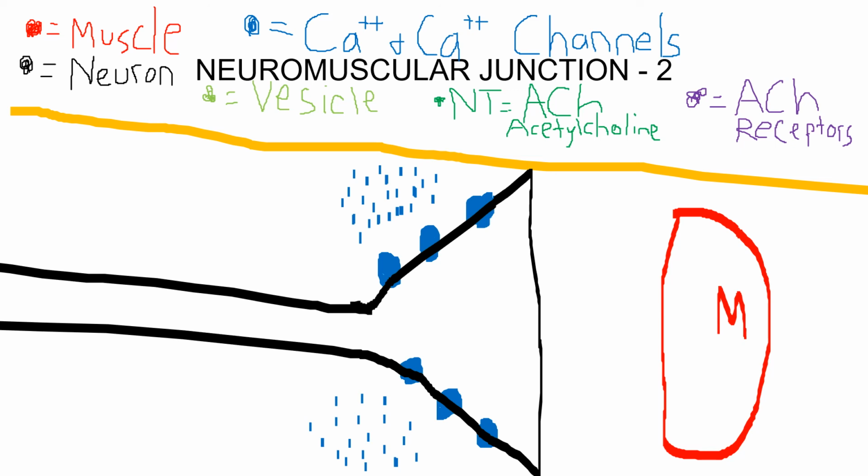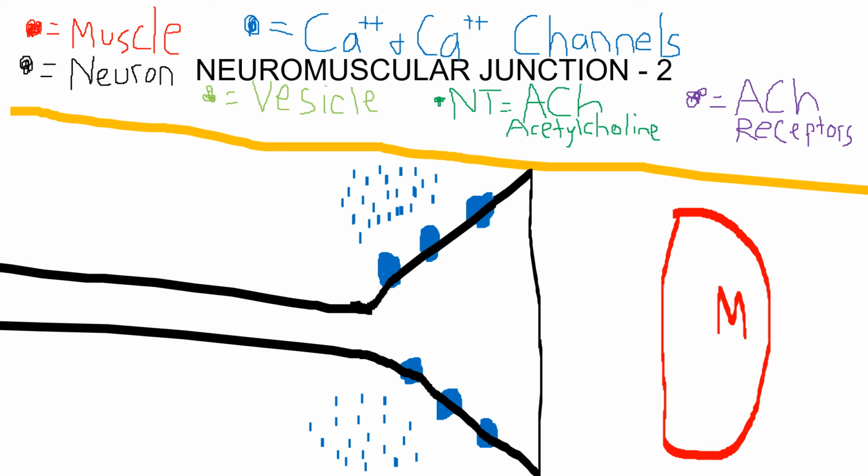Here, with the nervous tissue, the neuron, we're going to have a lot of calcium on the outside of the cell. So all those dots on the outside are trying to get into the neuron, right? This is a huge concentration gradient, which means there's a huge imbalance of ions. We have 40 calcium ions on the outside and 0 on the inside. So they want to get inside, but they can't.